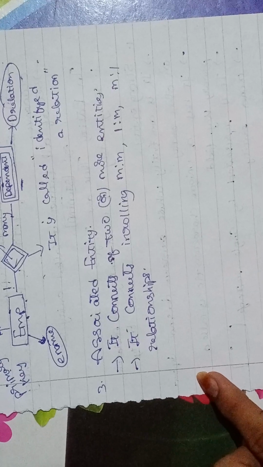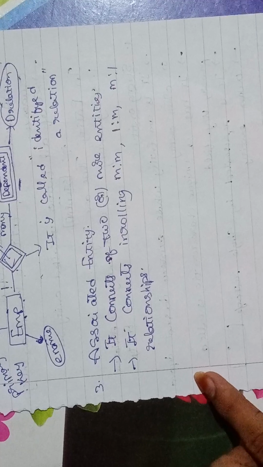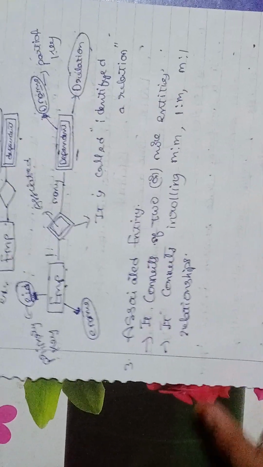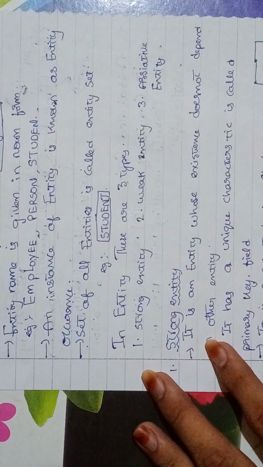When to create an associative entity, we have to make the many-to-many relationship. These are the entities we can see in ER modeling.